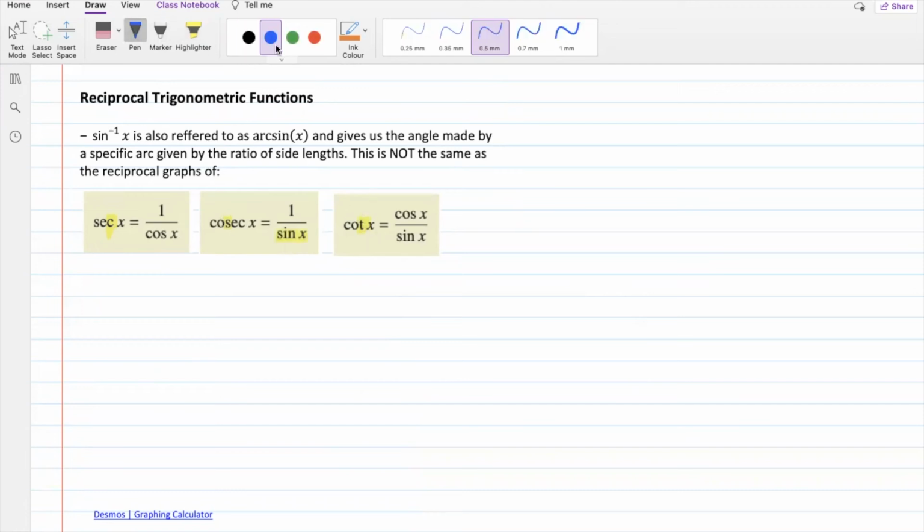The main confusion really is going to be around these two graphs, sec and cosec, because a lot of people think cosec has the word cos in it, so it should be inverse cos. That is not true. Read from the third letter. The third letter is an S, so it's 1 over sine. If you want to know the full names, sec stands for secant, cosec is cosecant, and cot is cotangent.